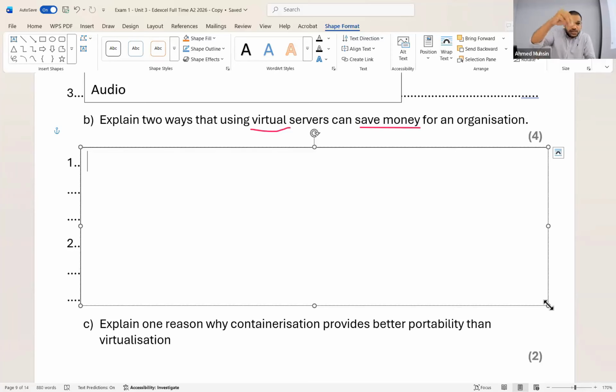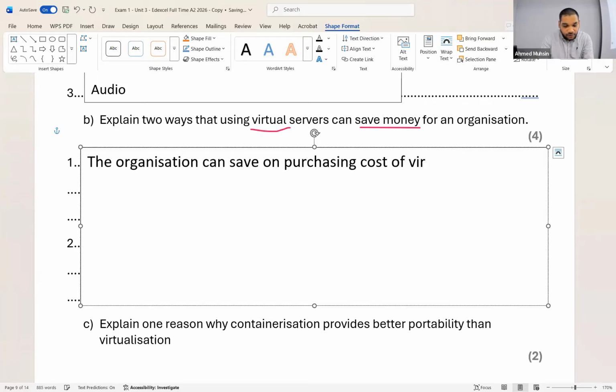And we know each virtual server runs independent of the other virtual server, right? Just because virtual server number 5 goes down, does it mean virtual server 1 is also going to go down? Answer is no. Okay. So you can say over here, the organization can save on purchasing cost of physical servers, of server computers.